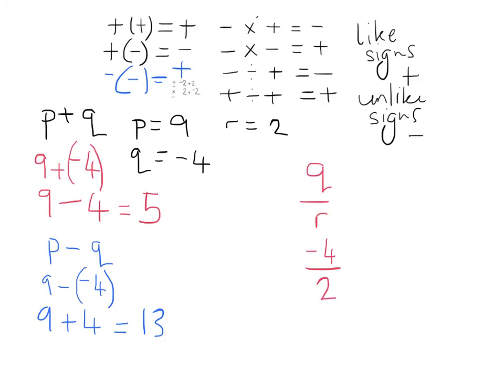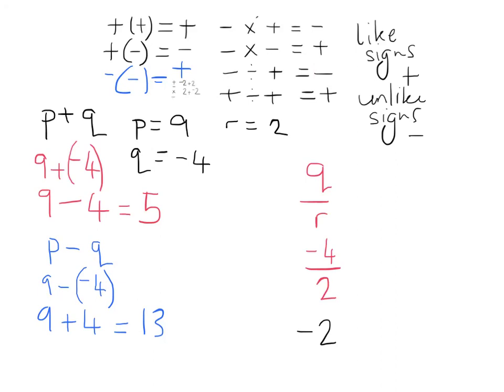Okay, so we go to our rule box, a negative divided by a positive. That, an unlike sign, a negative and a positive, are going to end up giving us a negative sign overall. So, we work it out as normal. What's 4 divided by 2? Well, that's 2. But we know the sign is going to be negative. So we've got to put that in, negative 2.